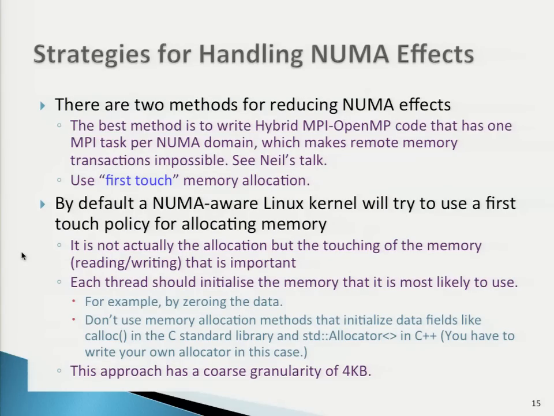So basically, thread 0, which is the only thread running outside of the OpenMP region, will go through and initialize all the memory. So all the memory will get put on the NUMA node of thread 0. And then when you go into your parallel regions and all of your other threads try to access that memory, they're going to access memory on whatever NUMA node your first thread was on. So what we want to do is actually parallelize the initialization.